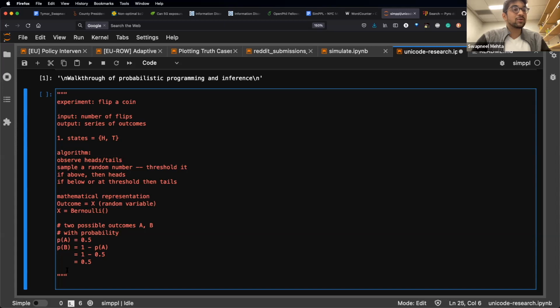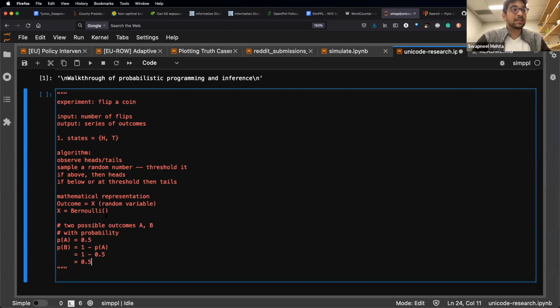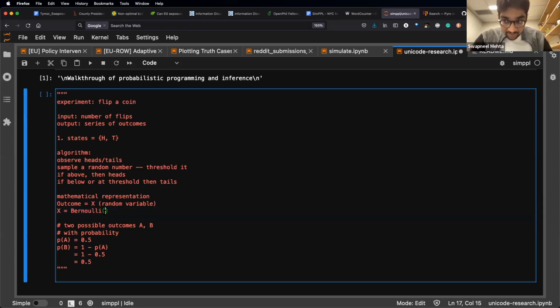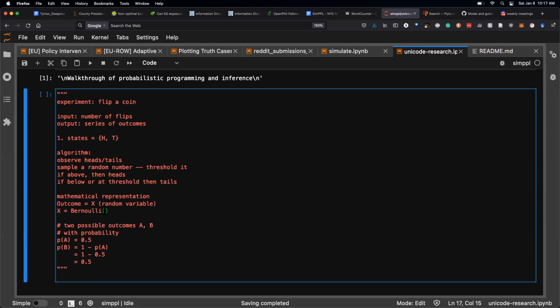Cool. So Bernoulli distribution, the thing I've missed out, can someone point out if this is the right way to write this or not? You also have to specify the number of trials, right? How many times?